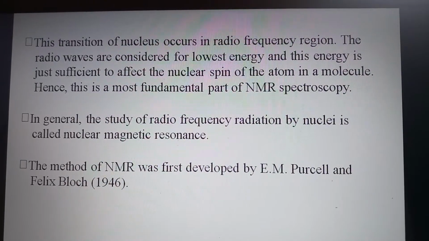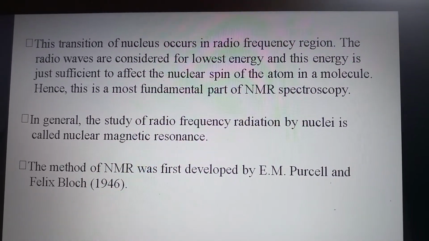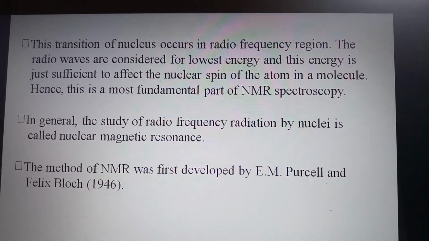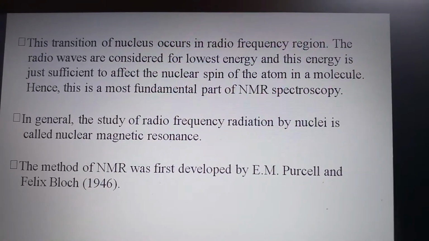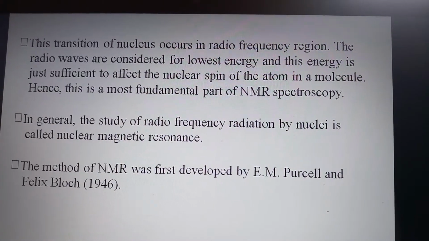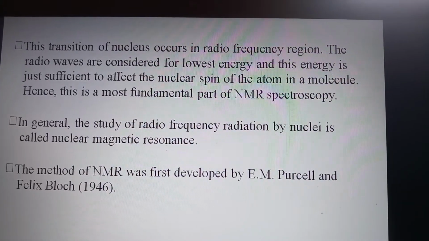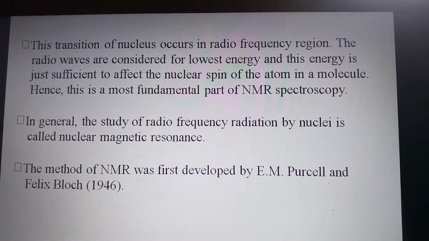Unlike IR and UV, no electron is promoted from a lower to a higher energy state; it only affects the nuclear spin of the atom under consideration. In general, the absorption of radio frequency radiation by nuclei is called nuclear magnetic resonance. The method of NMR was first developed by E.M. Purcell and Felix Bloch in 1946.